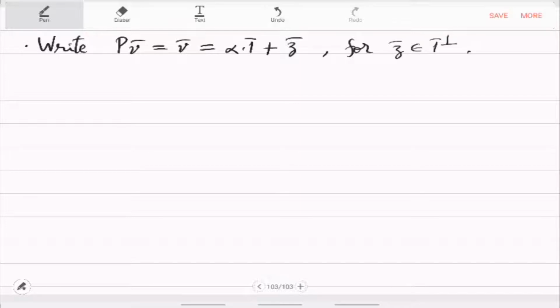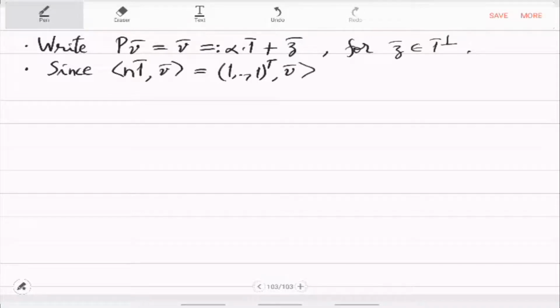Okay, so this is the orthogonal decomposition of V bar. So alpha and Z bar will be defined accordingly and uniquely. The inner product of the all-one vector with V bar is sigma Vi, which is equal to 1, right? So the inner product of 1 bar and V bar is 1.